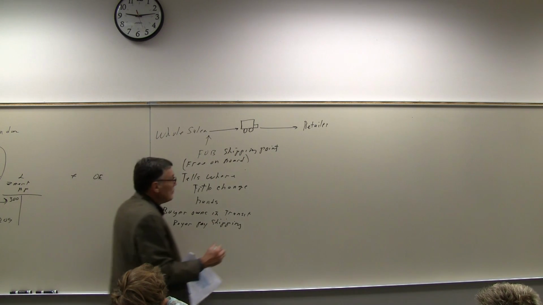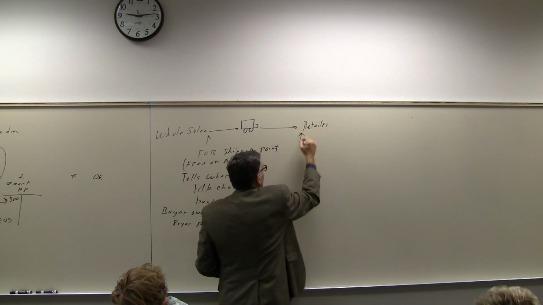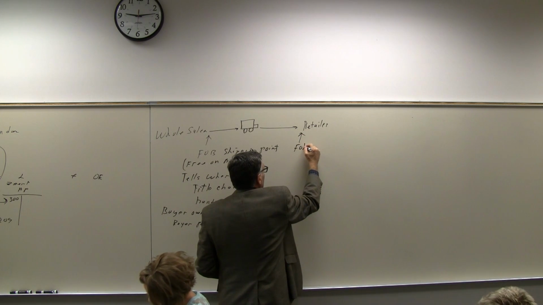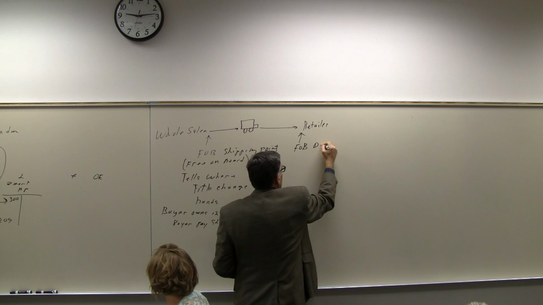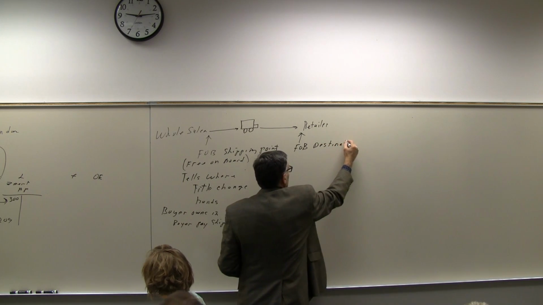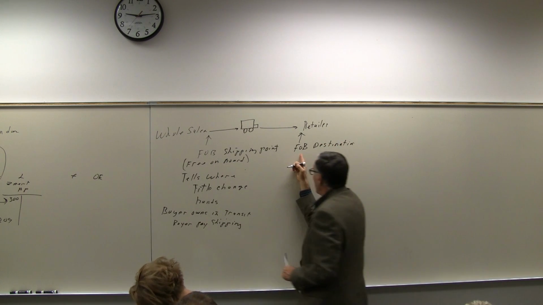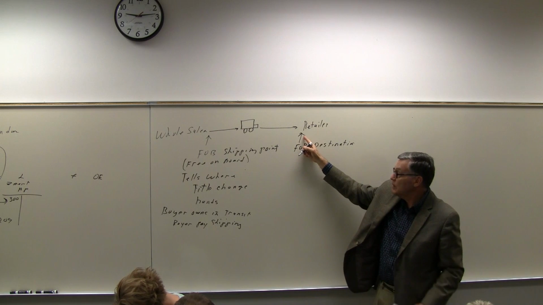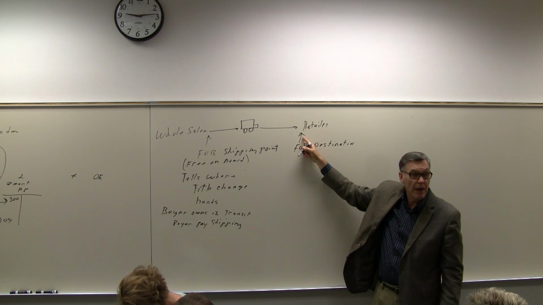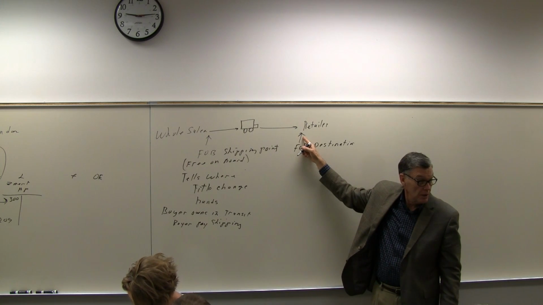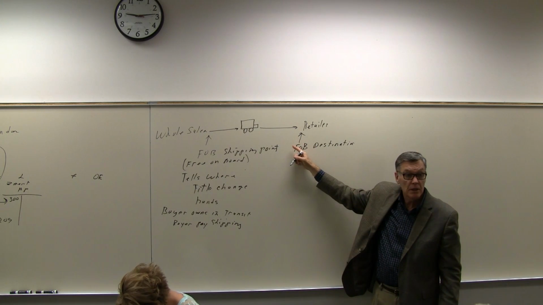Now, what if it says FOB destination? This states that the title changes hands when it arrives at the buyer's dock. Who owns it in transit?